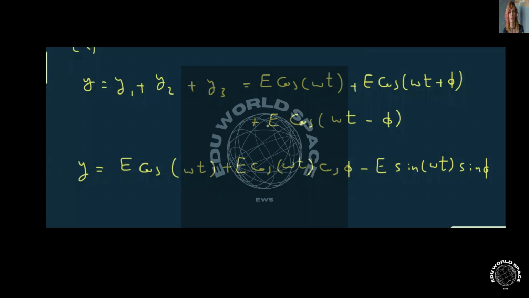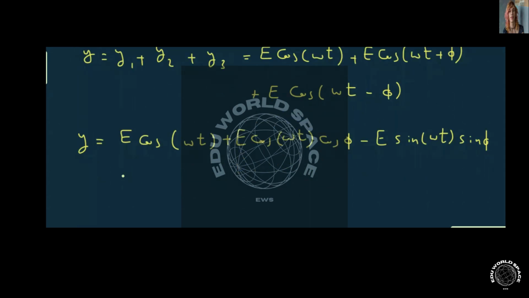For the third term, we have plus E cosine omega t cosine phi plus E sine omega t sine phi.